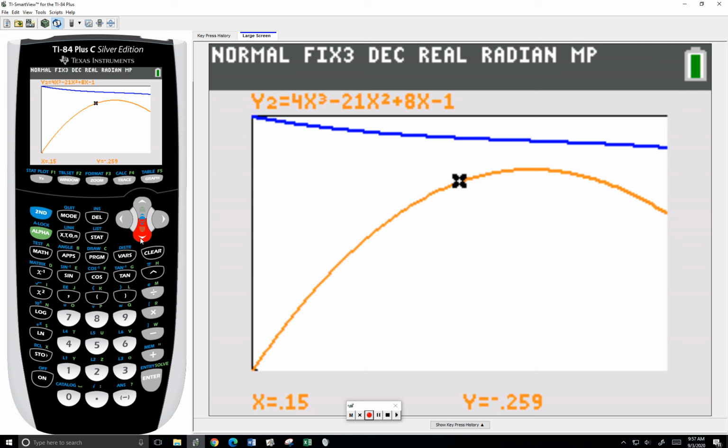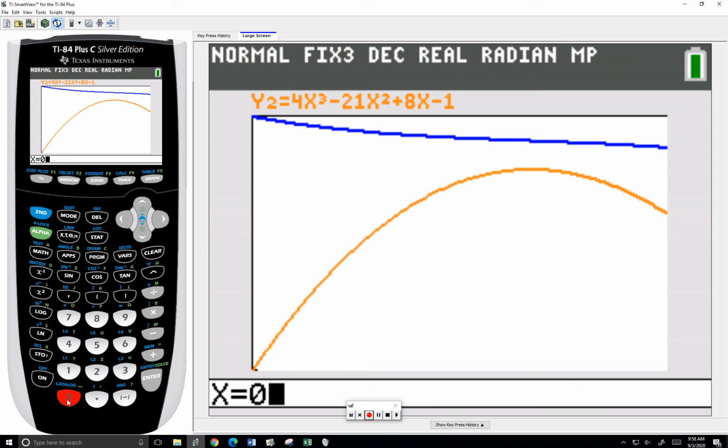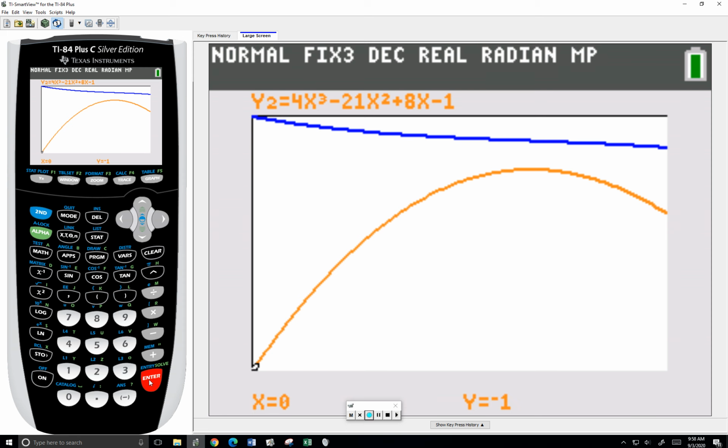Then I tell the cursor where to go. I want to go to time equals 0, so I just type in 0 and press enter. The other number tells me, remember, the graph is just a bunch of numbers. Time equals 0, velocity is -1. Question?